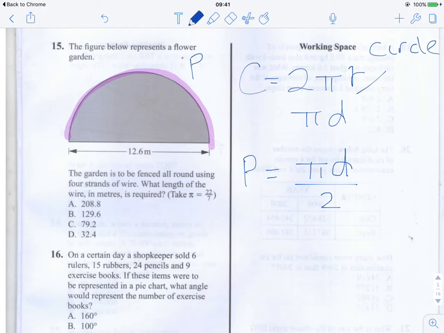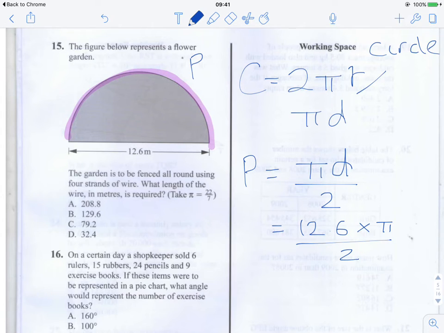And we know that d here is 12.6. So 12.6 times pi over 2 is the length of this part that I've highlighted in purple.